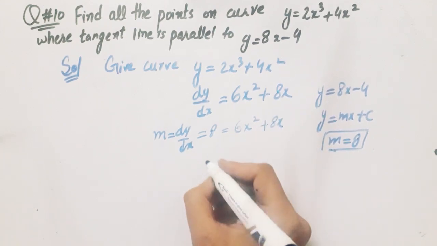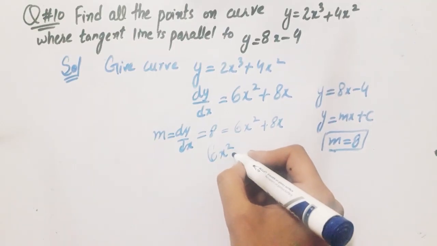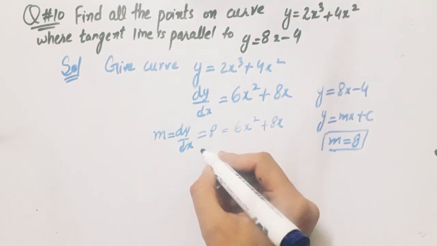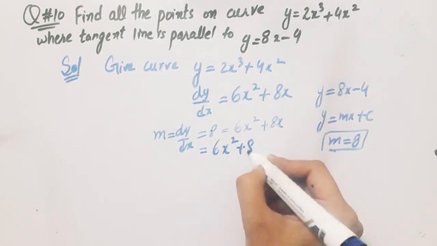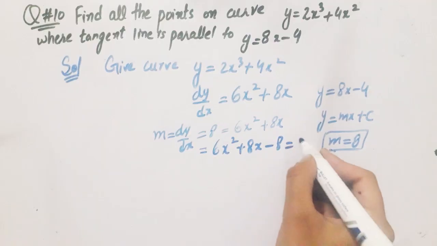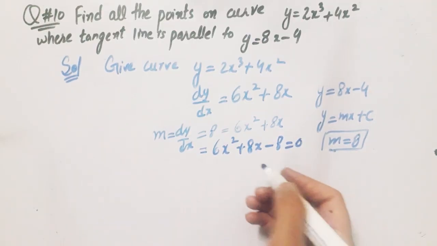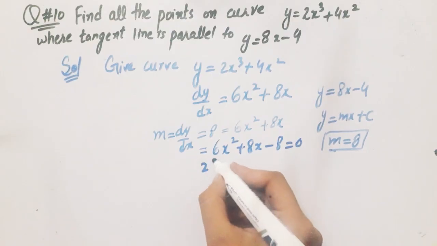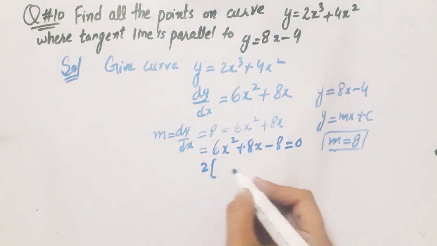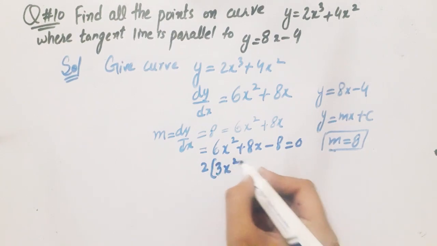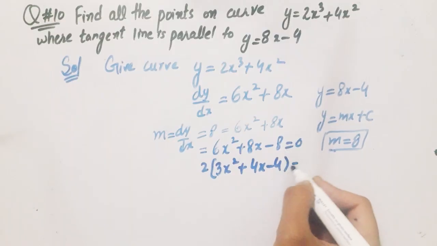Now make this a quadratic equation. So this is equal to 6x square plus 8x minus 8 is equal to 0. So first of all you will take 2 as common. By taking 2 as common, you will get remaining 3x square plus 4x minus 4 is equal to 0.